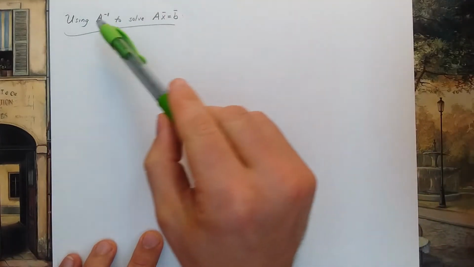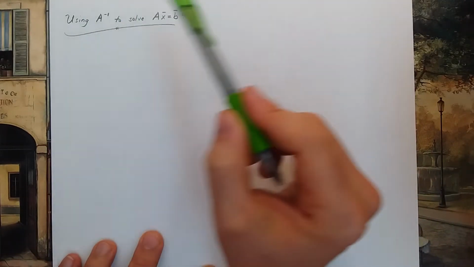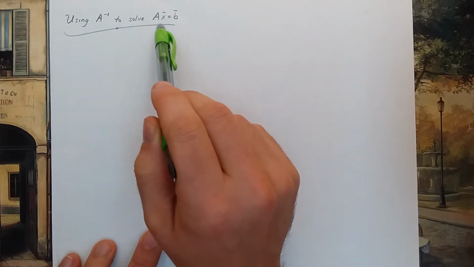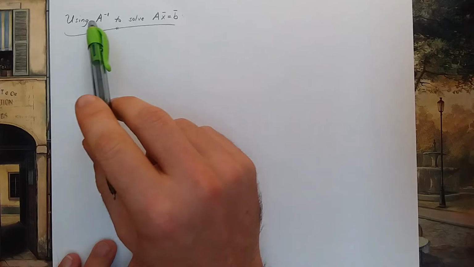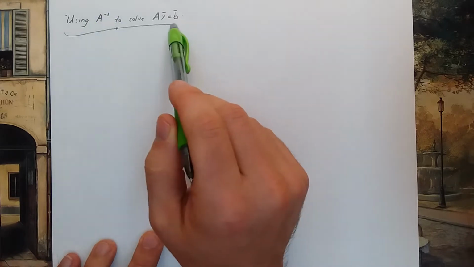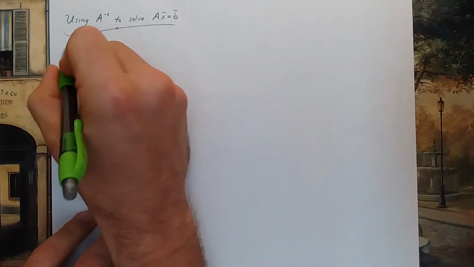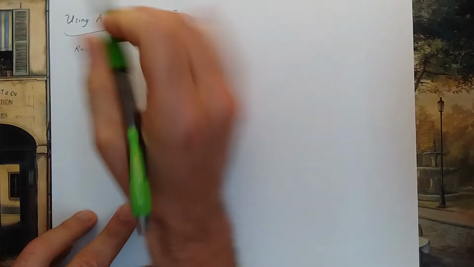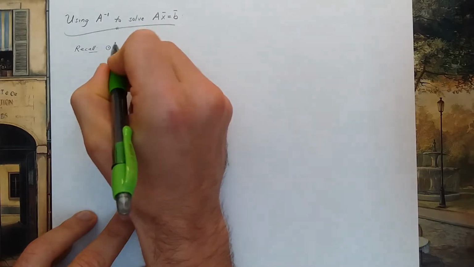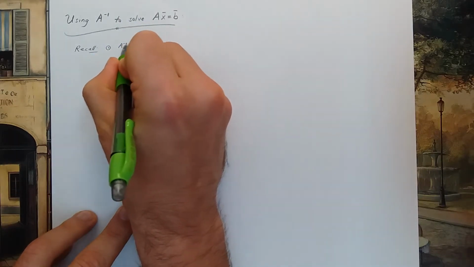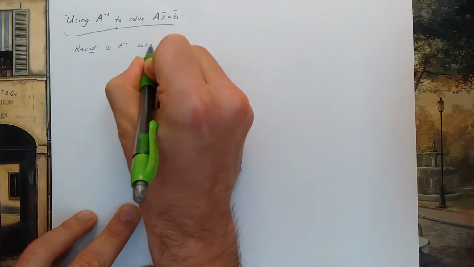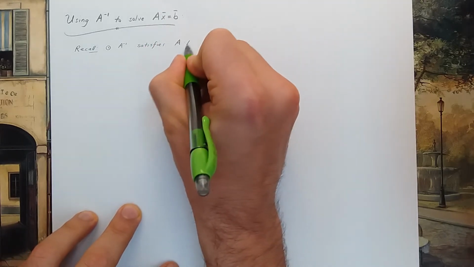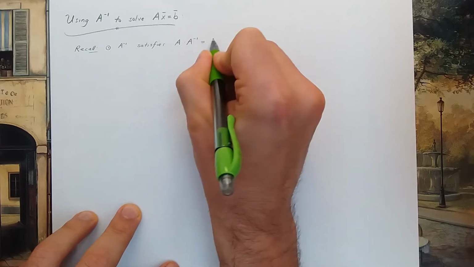Now we've seen what the inverse matrix is, and we've also seen that linear systems can be written in the form AX equals B. Now I'd like to use the inverse matrix to solve linear systems. So let me remind you of the pertinent information. Recall that the inverse matrix satisfies that A times A inverse is the identity matrix.